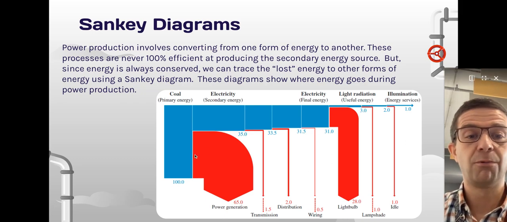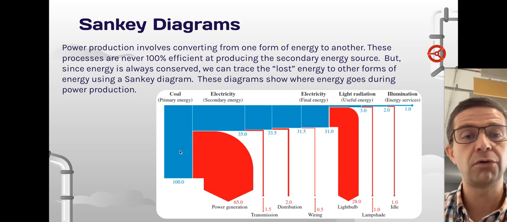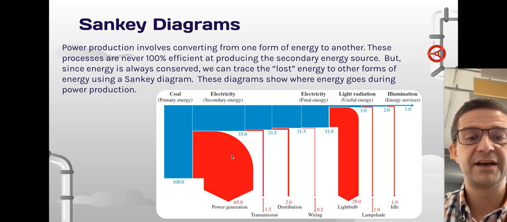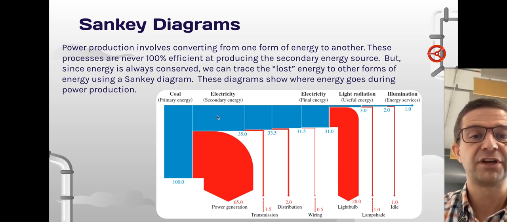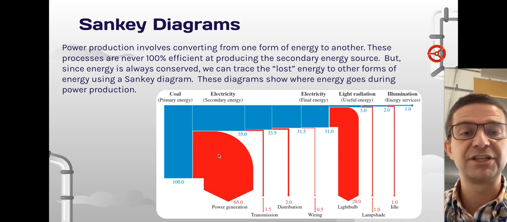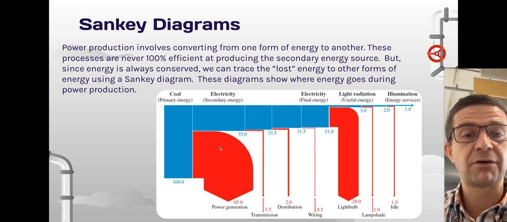So here we have 100% of the energy, or 100 units of coal, inside of the power plant. 35 units are converted into electricity, and 65 units are lost during power generation to thermal energy. This is typical for a coal-fired power plant.